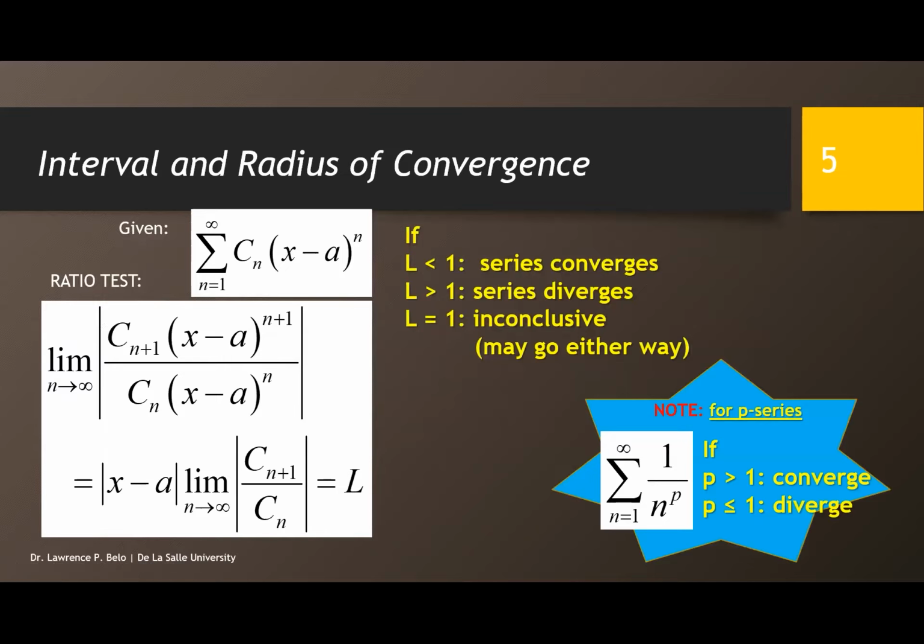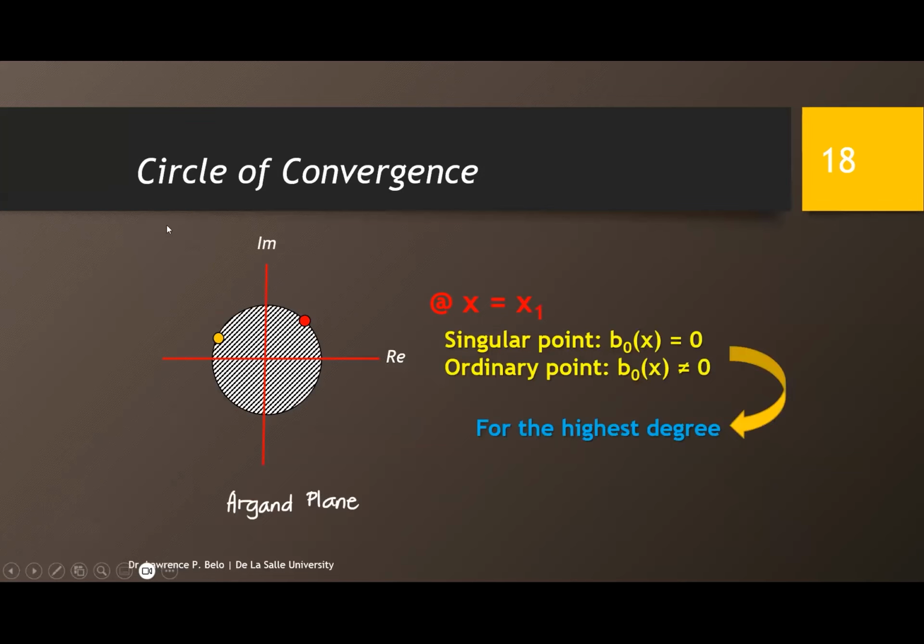Let's just say you have a circle. Let's just say this one, this is called the Argand plane. If you can recall from your previous lectures in your trigonometry, wherein the x-axis is the real axis, the y-axis is the imaginary axis.